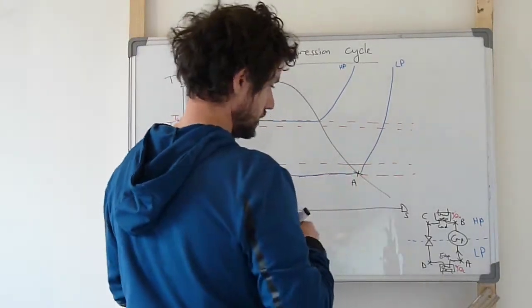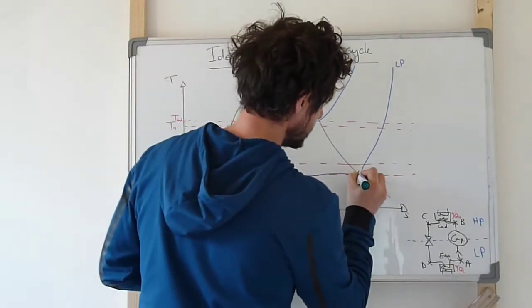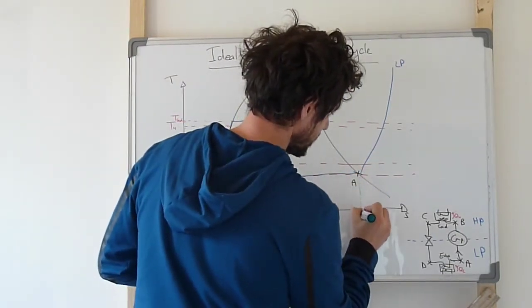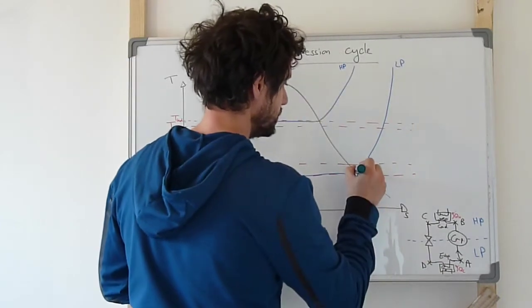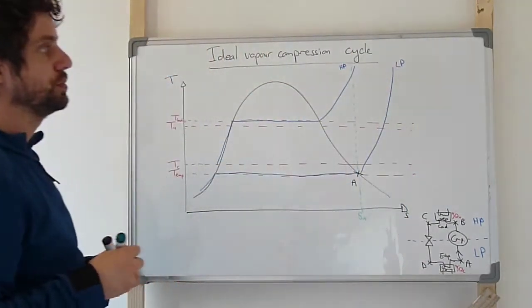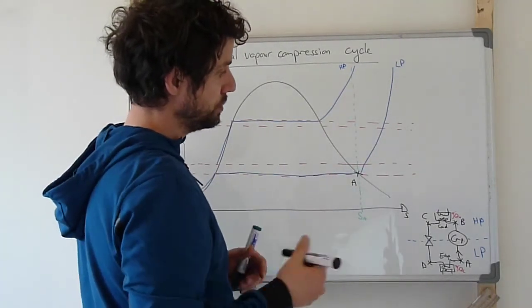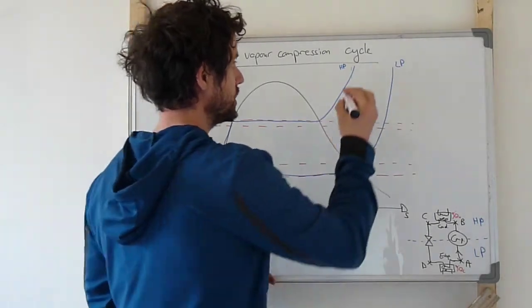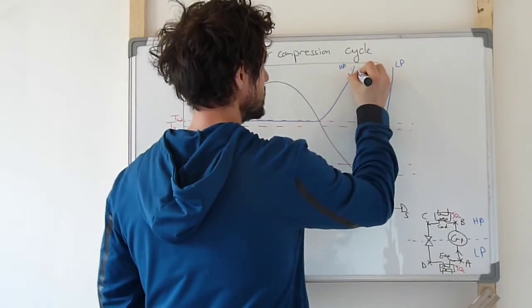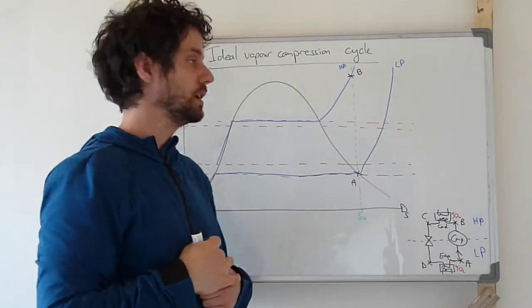So the entropy of point B will be the same as point A. So this specific entropy can be plotted this way. Of course, the isentropic lines are vertical because entropy is the x-axis, and point B will be at the high pressure and on this isentropic line.